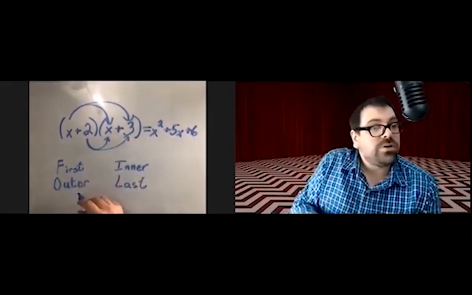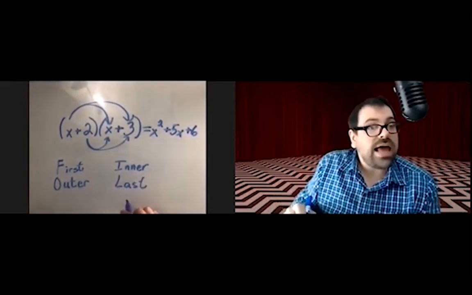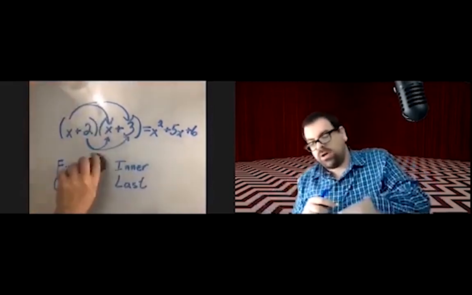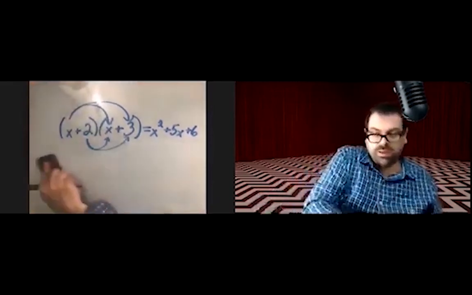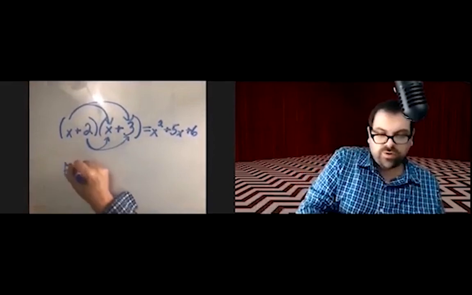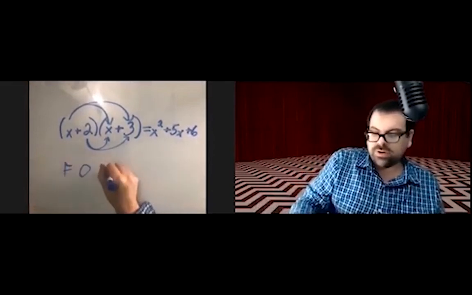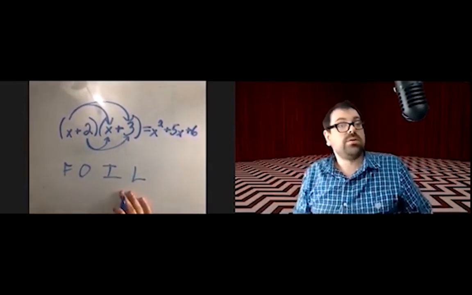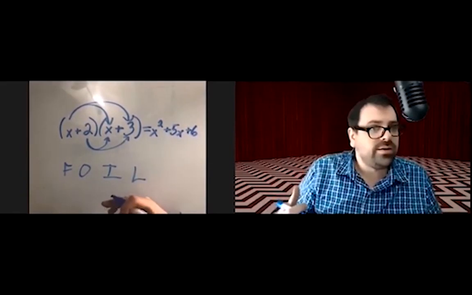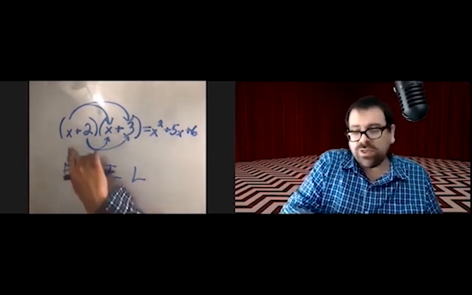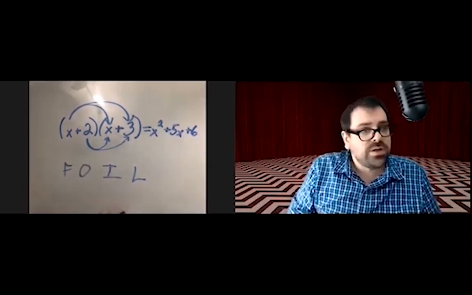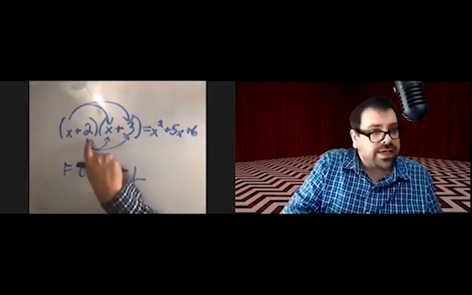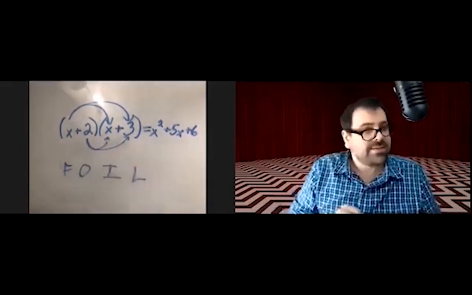First, outer, inner, last. FOIL. So when you talk about foiling, it can only be done when there's two binomials, and you could do the first, the outer, the inner, and the last.